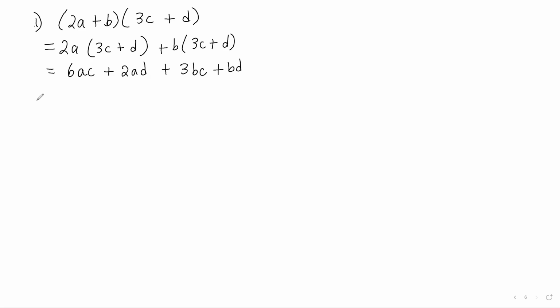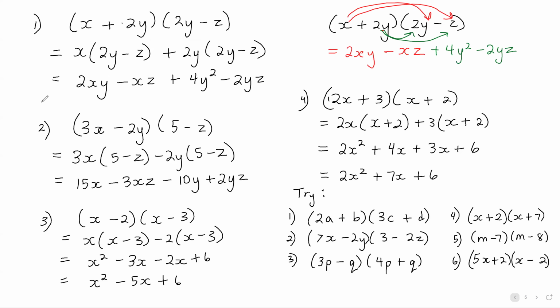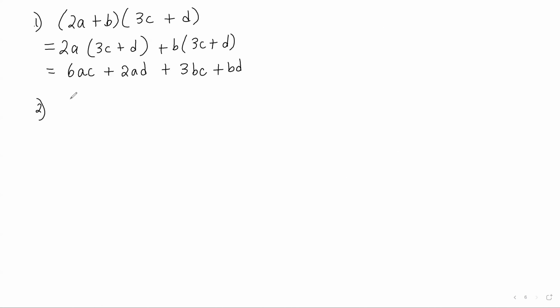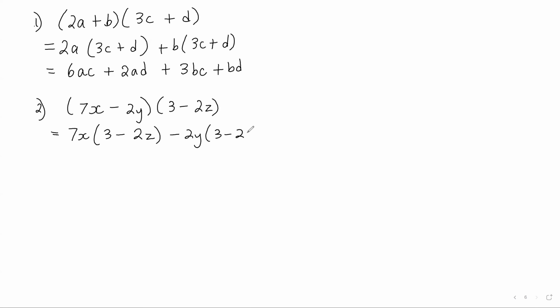Okay, number 2. Number 2 is 7x minus 2y times 3 minus 2z. Okay, so this gives me 7x by 3 minus 2z minus 2y by 3 minus 2z.